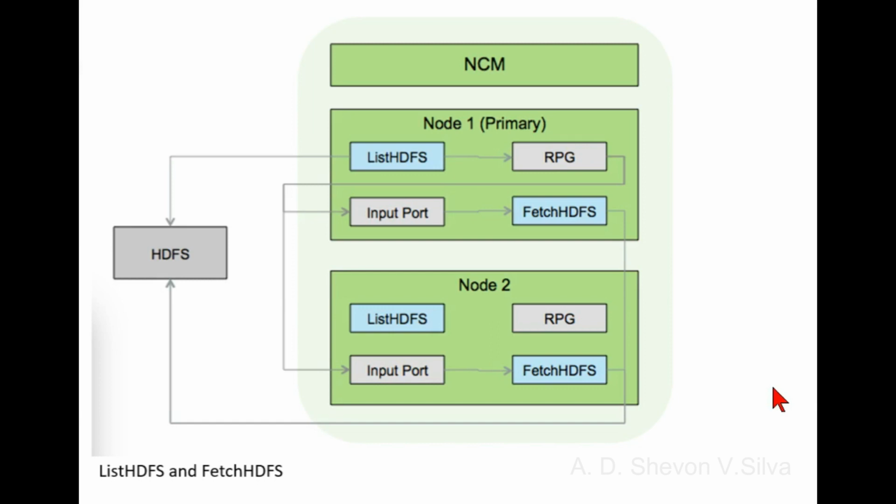An example of this scenario is shown in this diagram with ListHDFS and FetchHDFS. ListHDFS is scheduled to run on the primary node and performs a directory listing, finding new files since the last time it executed.